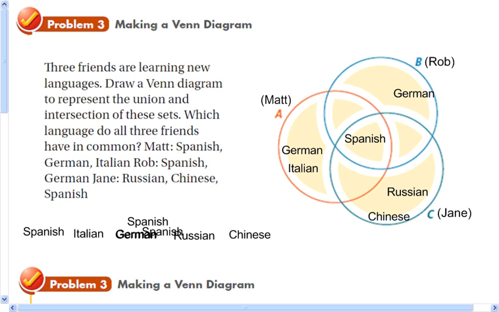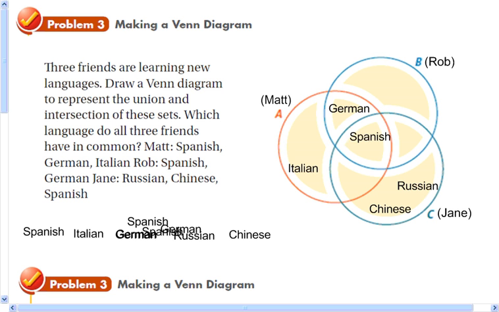And we also noticed that Rob and Matt both have German, so we're going to put that in a place that Rob and Matt have in common. That's what that Venn diagram would look like. All right. So what do all three friends have in common? That would be Spanish.